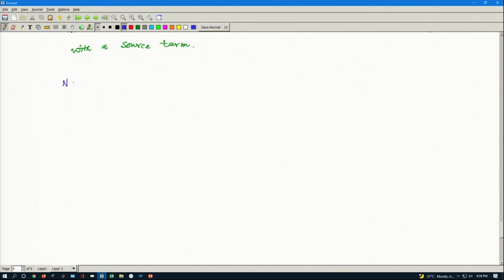So now suppose, for a given phi and A, because this is given, and for that there is a possibility that this is not satisfied, that is divergence of A plus 1 by c square del phi del t.